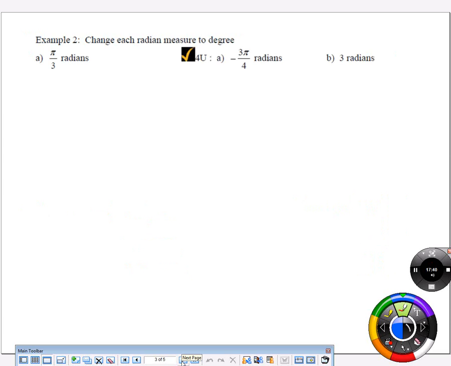That's the conversion factor. So let's say I have pi over 3 radians. Okay. And I want to multiply that by something that cancels the radians and changes it to degrees. I still know that pi radians are the same as 180 degrees, but 180 is a degree measurement, pi is a radian measurement, and you always want to set it up so that those units cancel, and the units you're left with are the new units that you want.